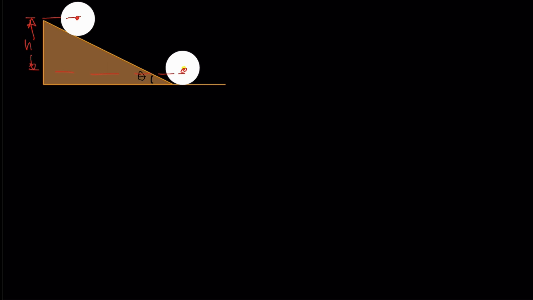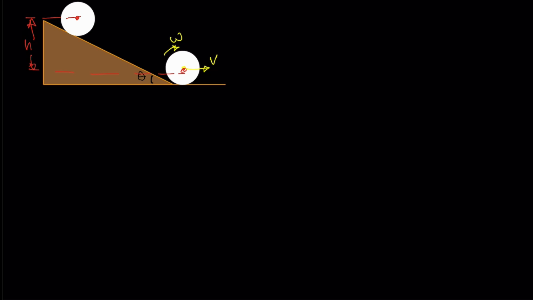Once it comes to the horizontal level, it has some angular velocity and also center of mass velocity, and we are interested in the angular velocity. The objects start from rest at a height h.